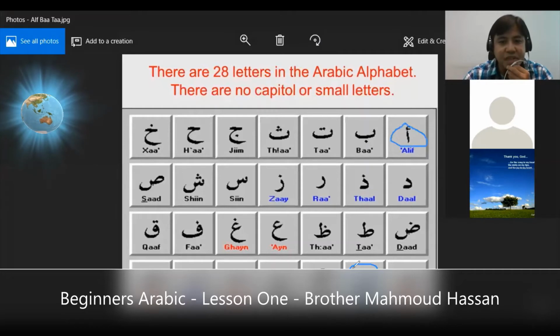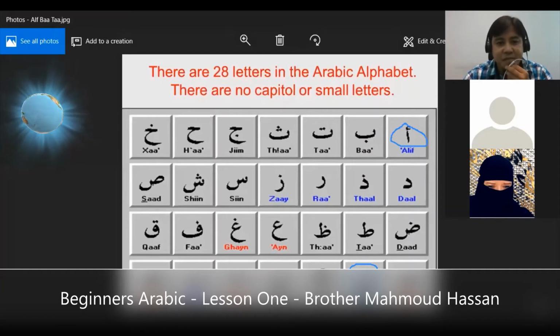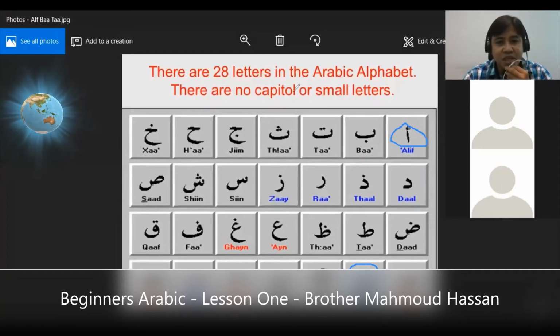That's why they removed the lam alif. And the second thing, that's why it became 28, is that they also removed the letter Hamza. But if you like to tell me that the Arabic alphabet has 29 or 30, I will accept that, inshallah. All of that are correct, inshallah.